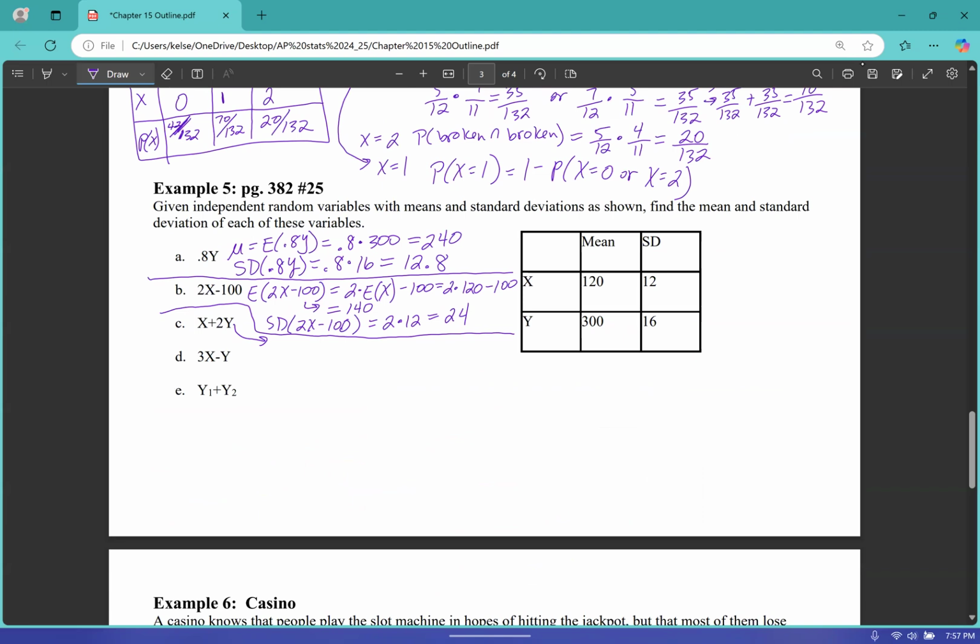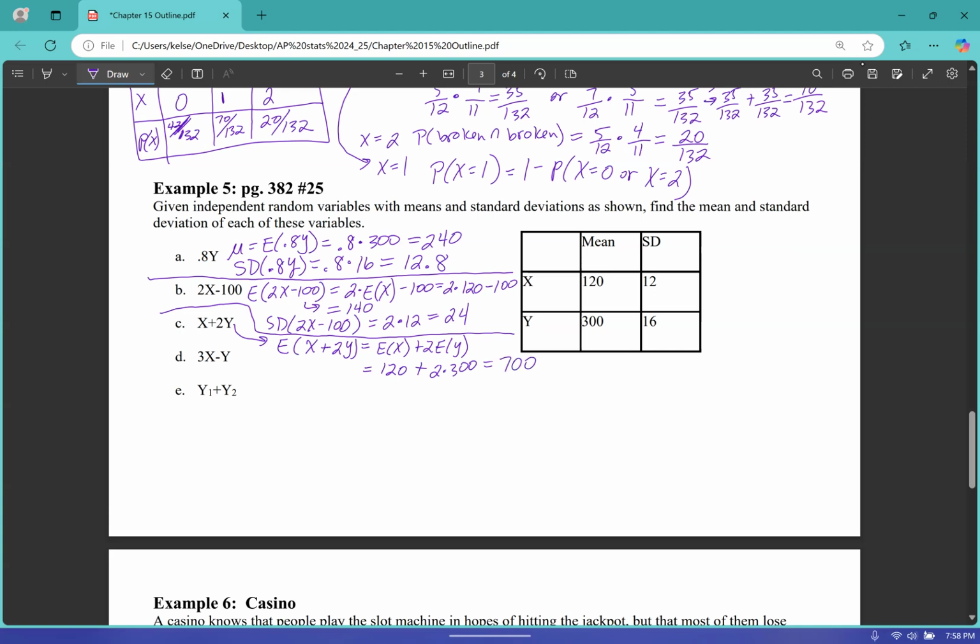So we have the expected value of x plus 2y. That's just going to be the expected value of x plus 2 times the expected value of y. So expected value of x is 120. And then 2 times the expected value of y. So 2 times 300. So it's going to be 700.